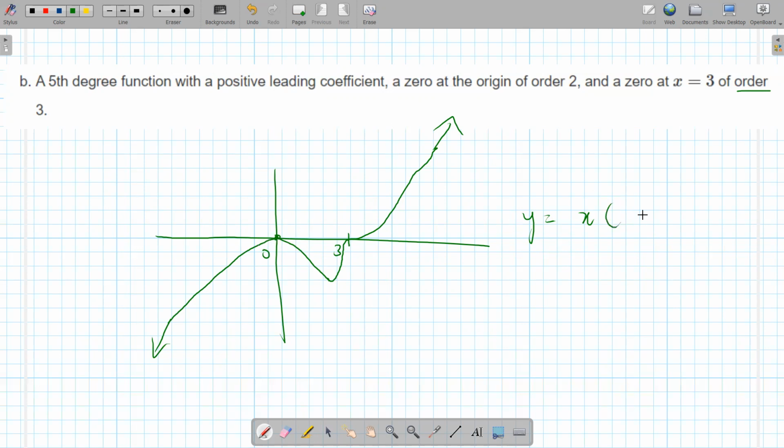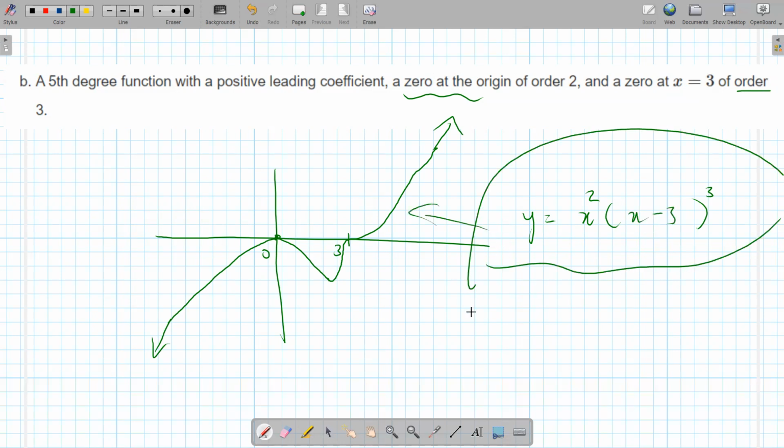It's going to look something like x squared, which means a 0 at the origin. What about this one? For 3, there'd be a 3 on the outside as an exponent, and what's in the bracket? x minus 3. There we go, that's a potential equation for this graph.